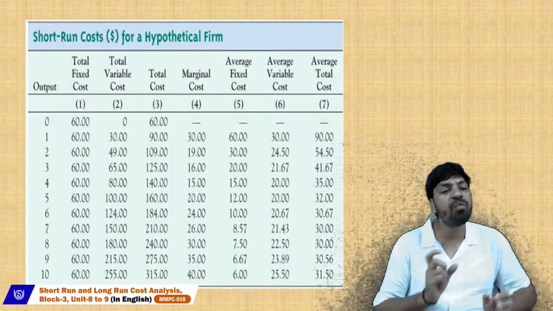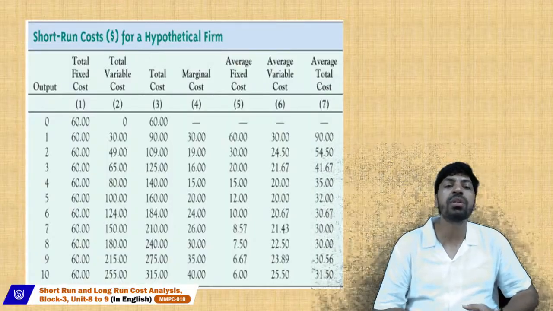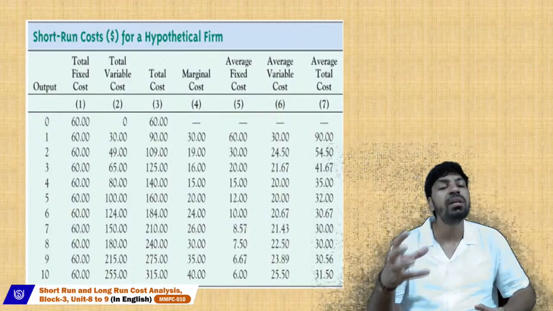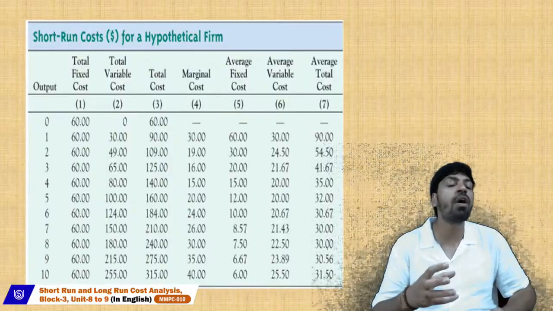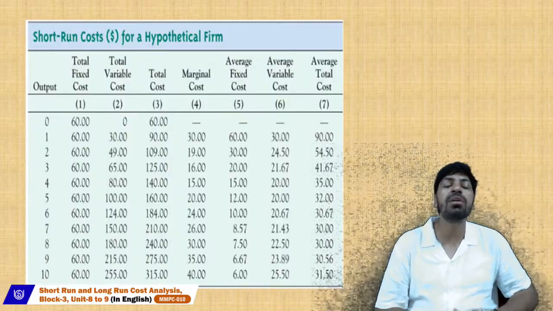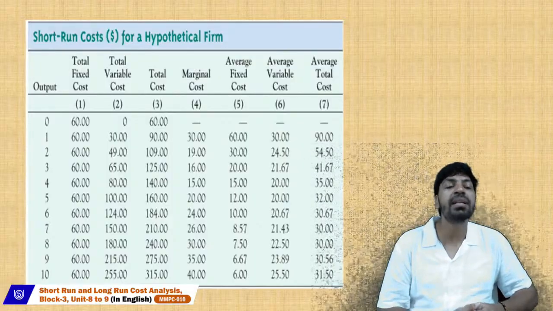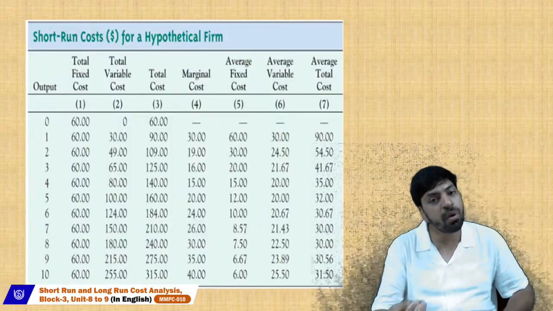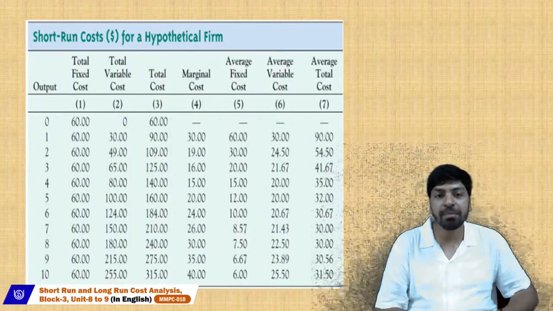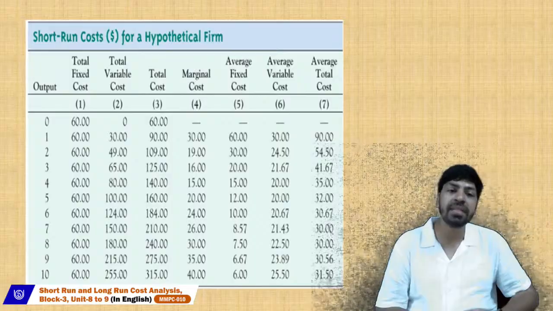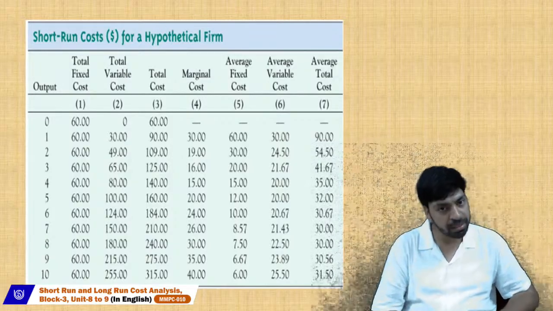But at an output of 1, the total cost is 90, and at the previous level of output, 0, the total cost is 60. So the marginal cost is 90 minus 60, which is 30.